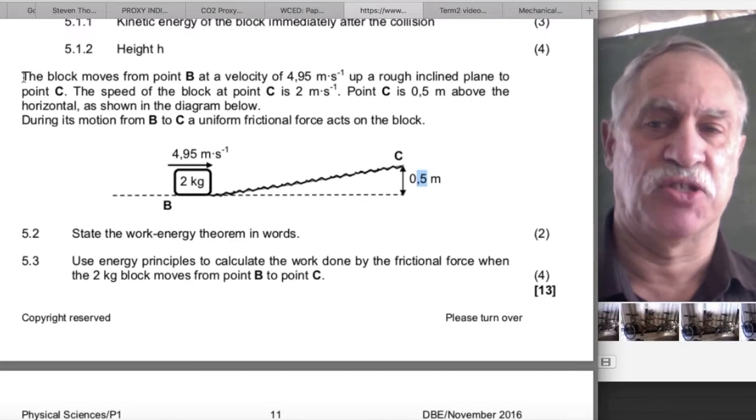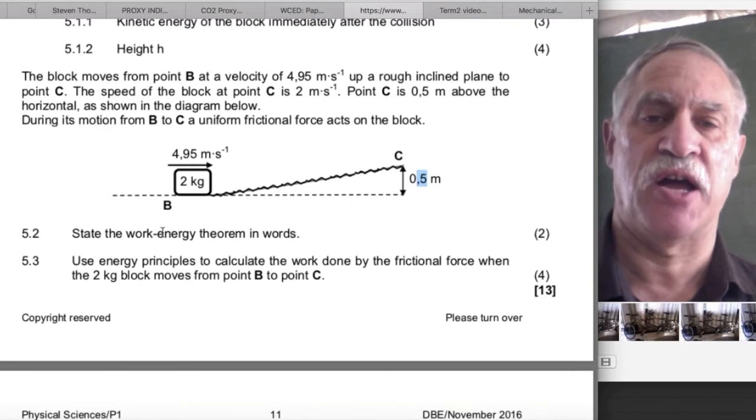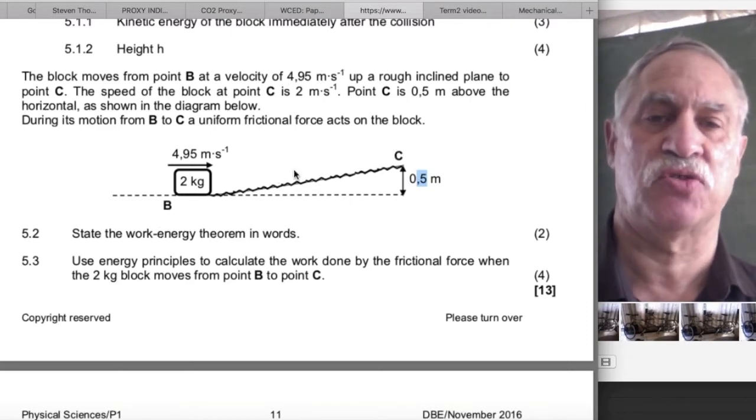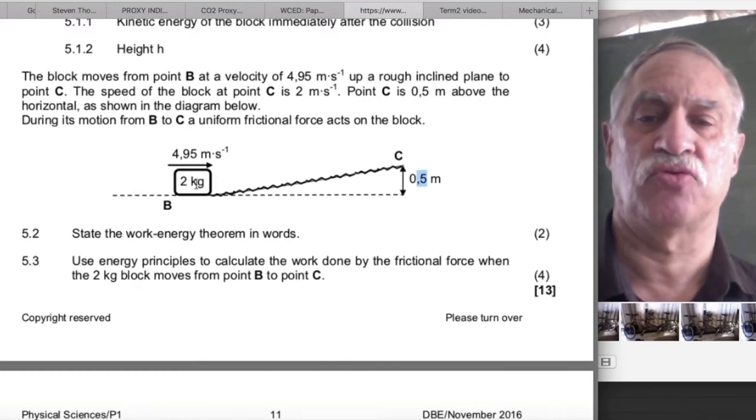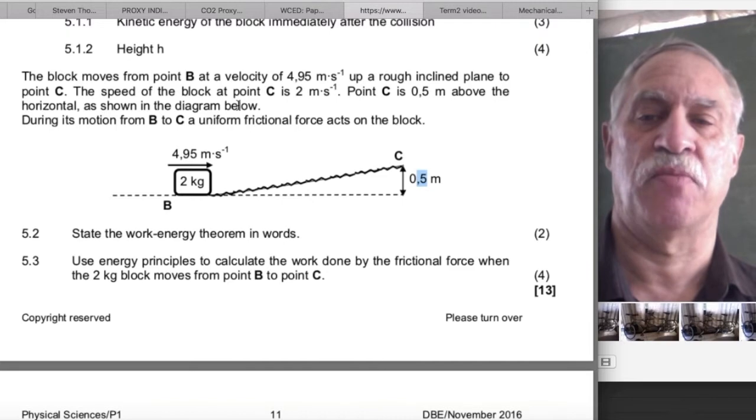Our problem basically starts: A block moves from point B at a velocity of 4,95 meters per second up a rough surface. Do you see that surface is all jaggedy? Inclined plane to point C, so it moves from B to C. The speed of the block at point C is 2 meters per second, so it's still moving at point C. Point C is 0.5 meters above the horizontal, as shown in the diagram below.